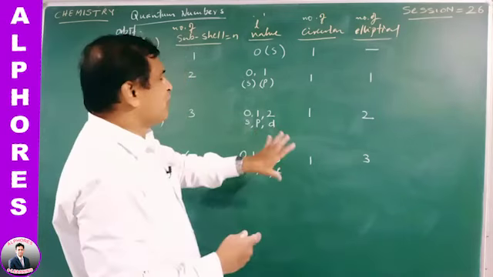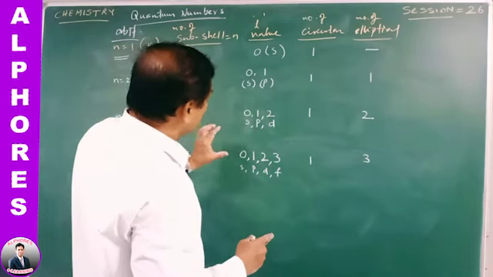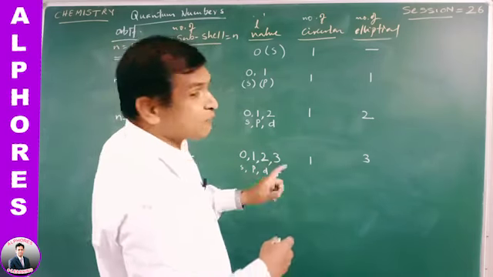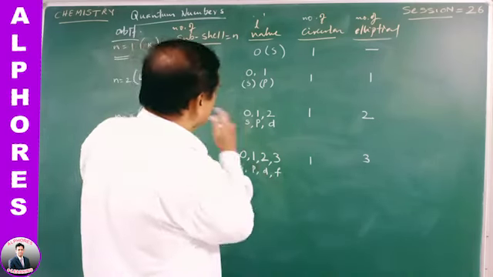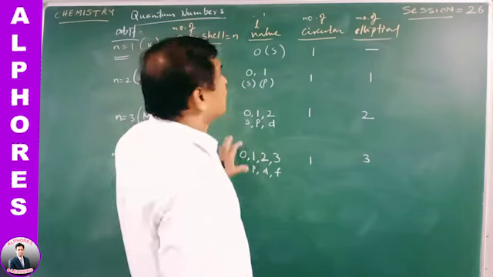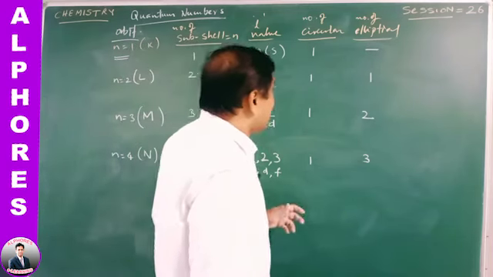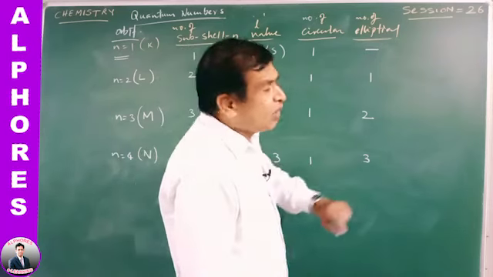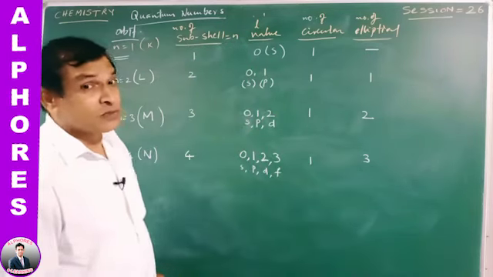The designations are S, P, D, F subshells. Out of them, only one is circular and the remaining 3 are elliptical suborbits.